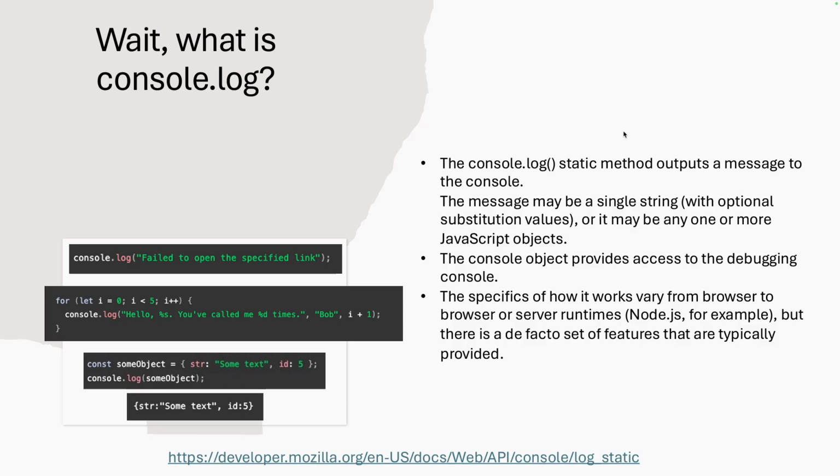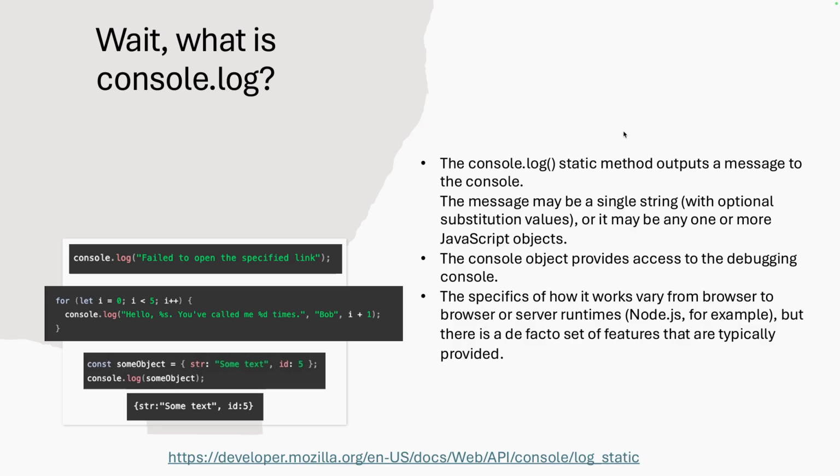So what is then console.log? The console.log static method outputs a message to the console. The message may be a single string. We can do substitutions in there, or it may be one or more JavaScript objects. The console object provides access to the debugging console as well.